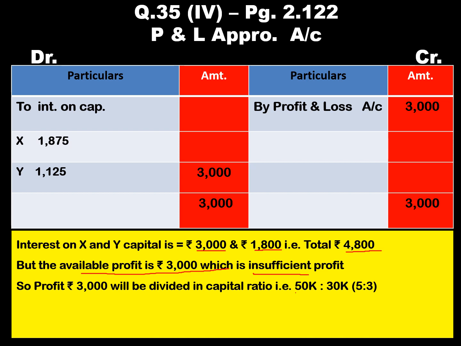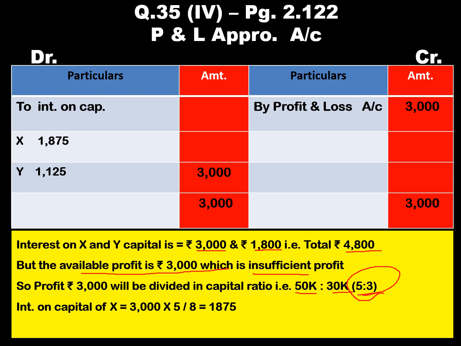X's capital is 50,000 and Y's capital is 30,000, so the capital ratio is 5:3. So these partners will get 5/8 and 3/8 of 3,000. This profit will be divided in the ratio of 5:3, but we are not providing profit, we are providing interest on capital.